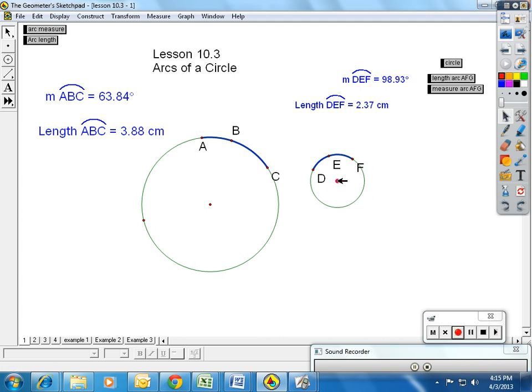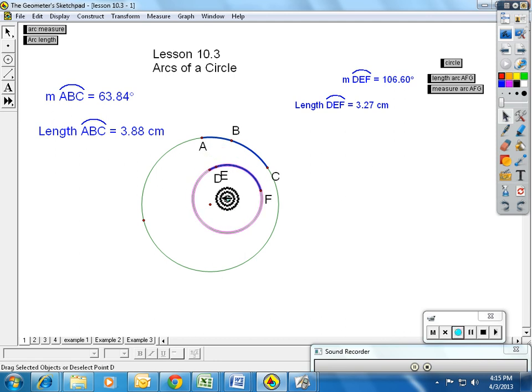You can see here. Those arcs are never going to be able to match unless I'm dealing with a circle that is the same size.